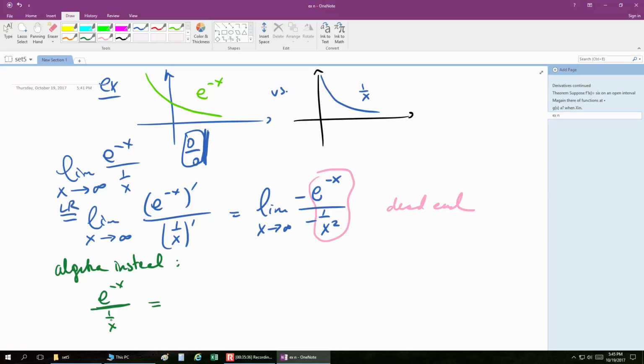You get x out in the denominator. Okay, so what do I get? x e to the negative x. Okay, so that's good, but not as good as we would like to have it, because we don't have a fraction. Can I turn it into a fraction? x over e to the x. That's right.